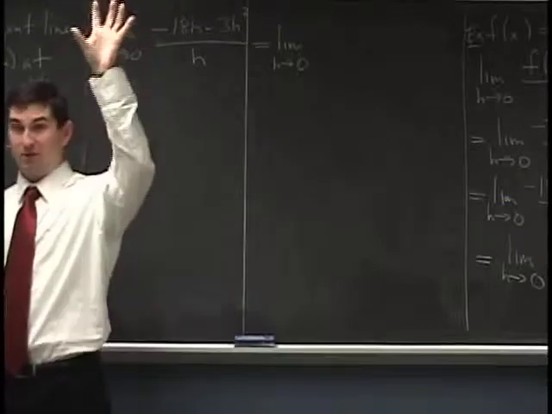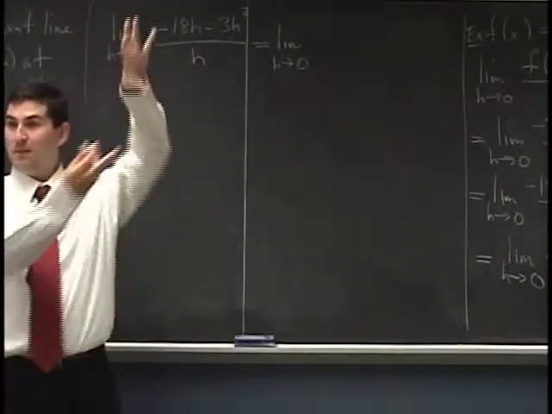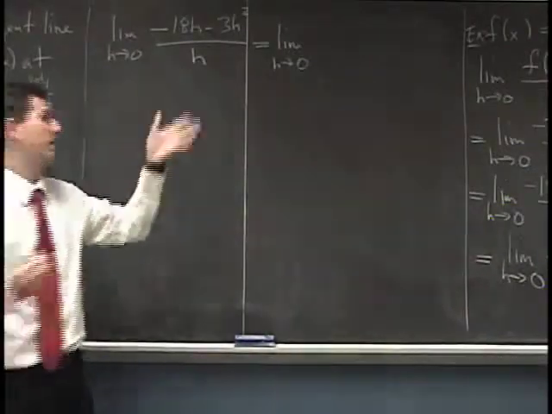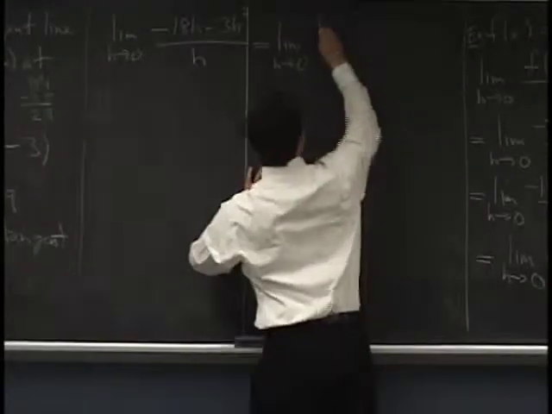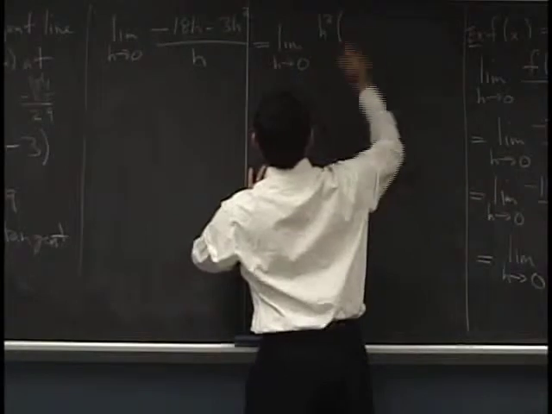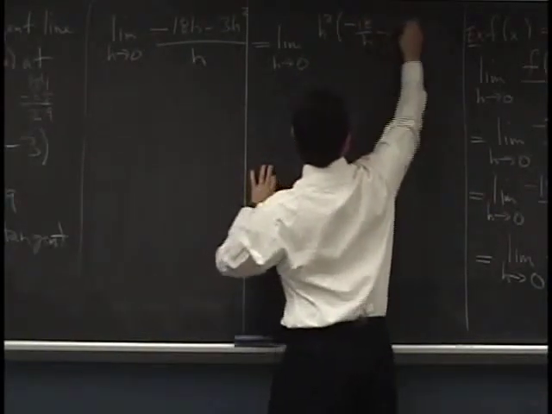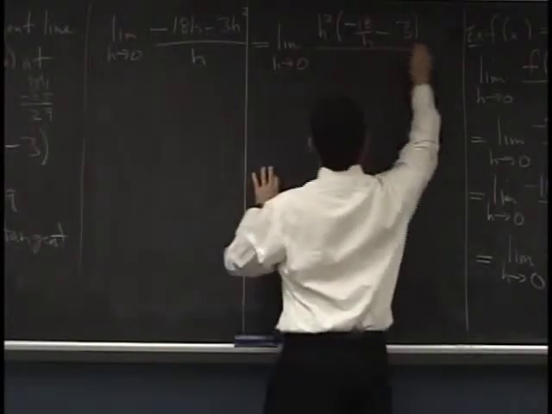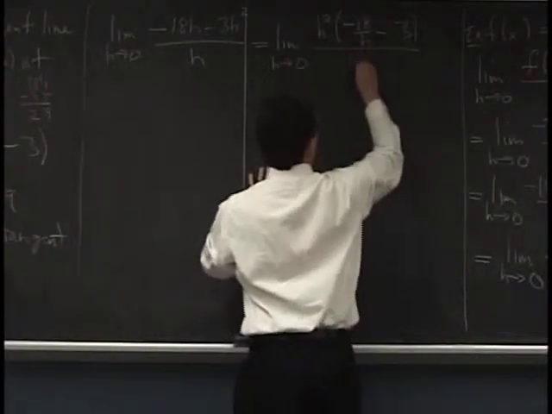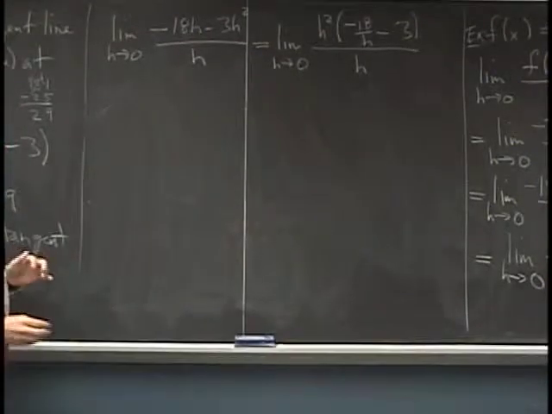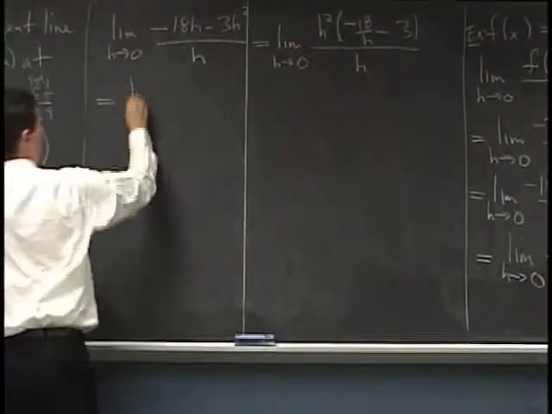Take the highest degree term on the top, highest degree term on the bottom, factor them out and cancel. Let's see what happens if we try that in this situation. So I'll factor out an h squared, and I'll get minus 18 over h minus 3 over, well, I can't do much. I have to make it an h. Okay. Now I cancel the h's.